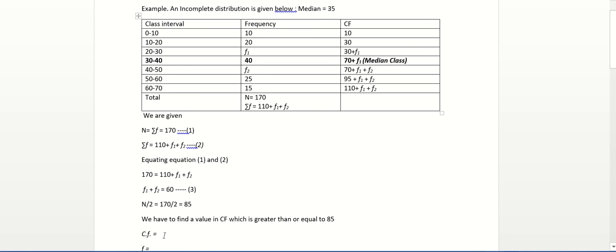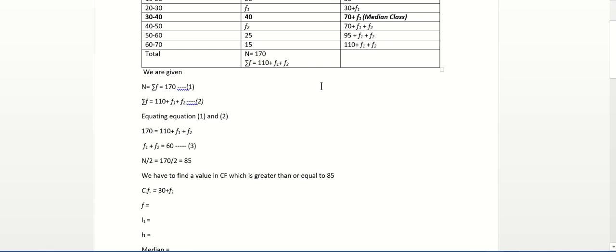So I will take the CF which is above the median class. I can take 30 plus F1 here. And the frequency we have to take from the median class only, so we can take 40. L1 also from the median class only, so we have to take 30.